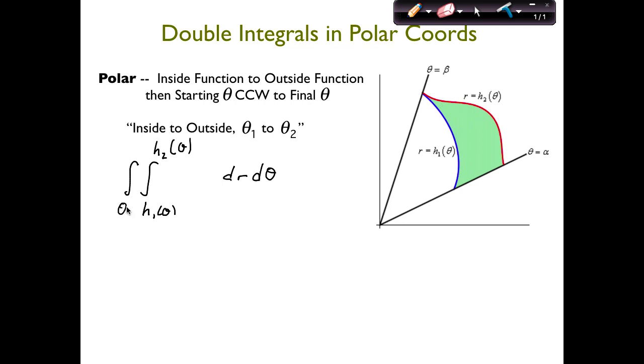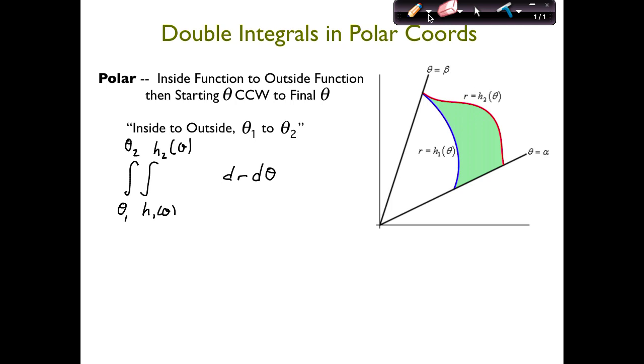Theta goes from theta 1 to theta 2. We won't have reversing the order of integration, right? Because that would be writing theta as a function of r, which is not nice. So we're always going to do radius first. The order will always be radius and then angle.